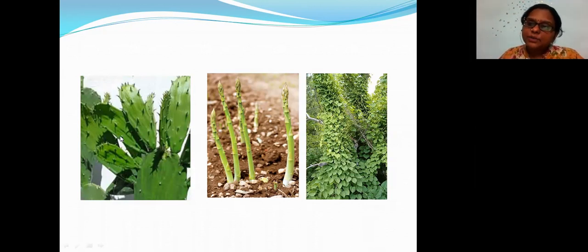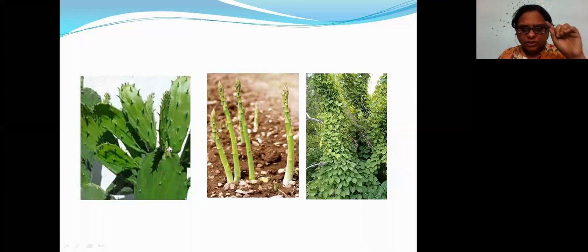It's actually a stem which has modified itself into a leaf-like structure. Okay, and you can see small ones. They are actually thorny. When you touch, it will feel like thorns, but they are not actually thorns. Okay, we feel it as a thorn, but actually these thorns have come from the nodes and internodes. Okay, so you can see it is modified into a leaf.